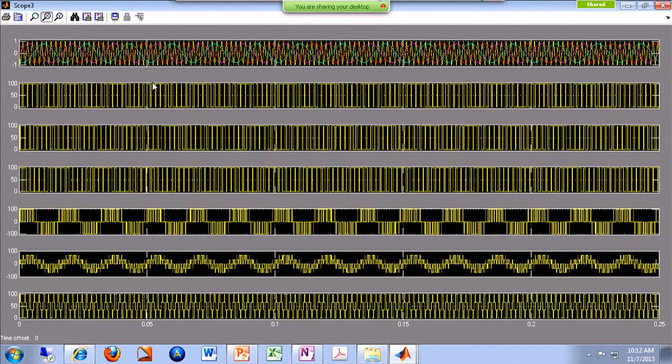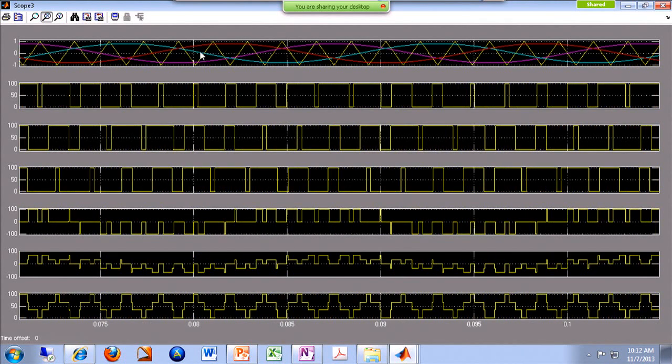So let me just zoom in a little bit. All right, it's a little bit busy over here, but as you can see, we have three reference signals, three sinusoidal signals compared against the triangular waveform.